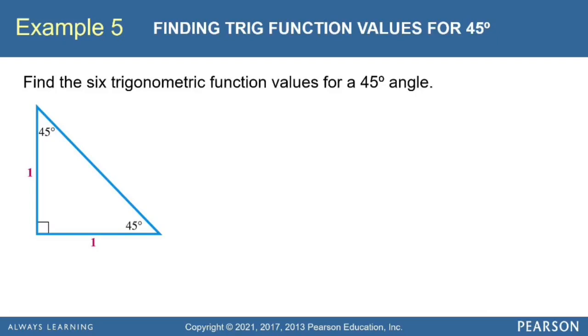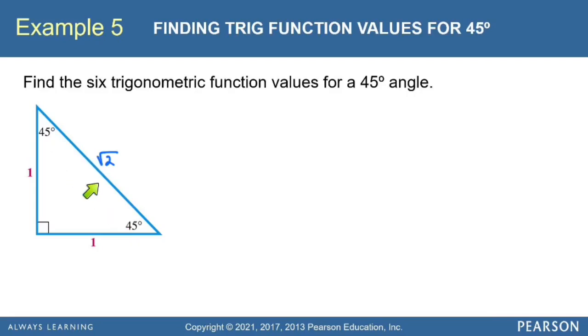You know that according to the Pythagorean theorem, if we want the length of the hypotenuse, we add the squares of the legs and then take the square root of that. So both of these legs are length 1, and 1 squared is still 1. And so if we add the squares, we have 1 plus 1 is 2, and then the square root of that is square root of 2. So now we have the length of the hypotenuse is square root of 2.